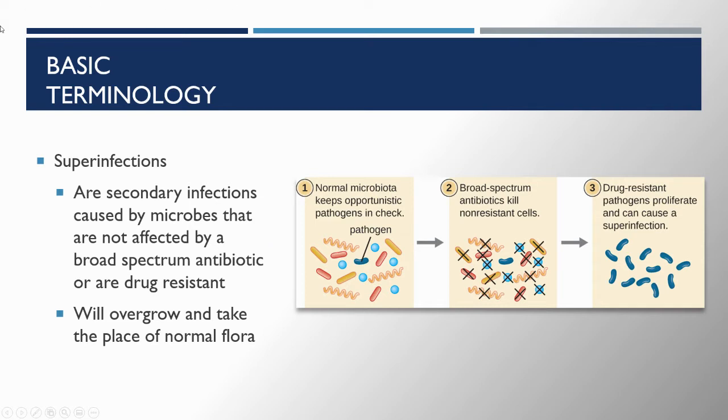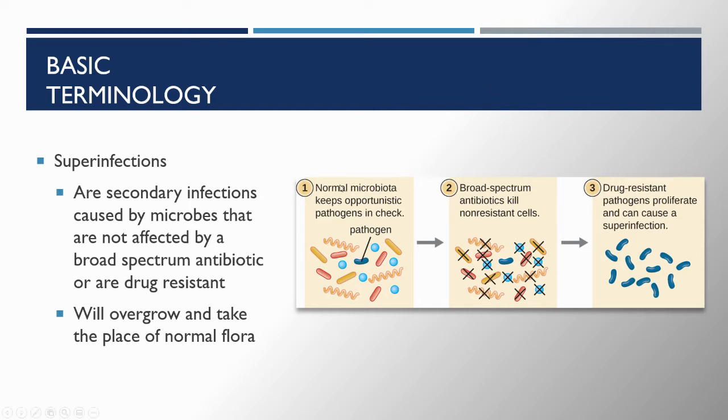So I mentioned superinfections. Superinfections are secondary infections. It's typically not the pathogen of interest, the pathogen that's causing the disease, but it's often just an opportunistic pathogen that's present anyway, but its numbers are kept in check by our own normal microbiota.